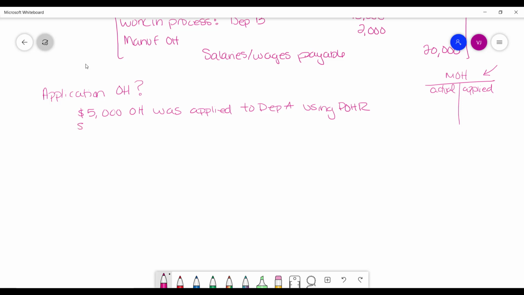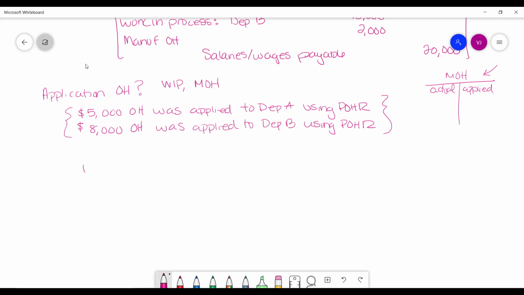And then we assume that $8,000 of overhead was applied to Department B using a POR, whatever POR or PORs this company has decided upon. So remember, whenever you apply overhead, it involves work in process and manufacturing overhead, just like with job order costing.